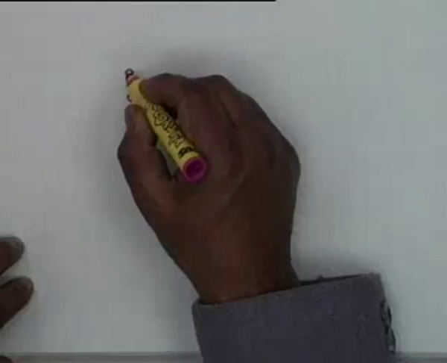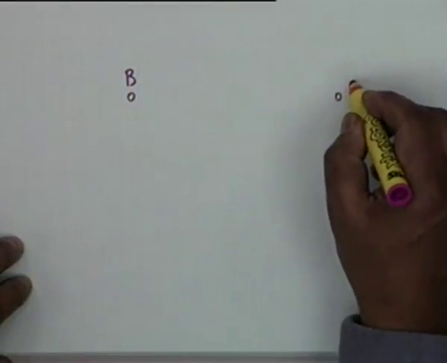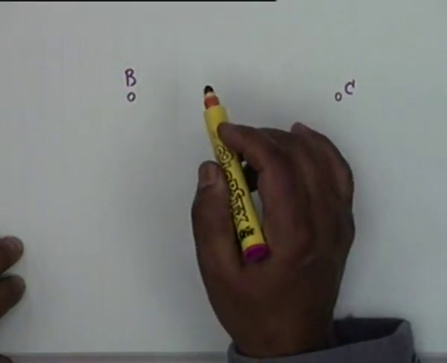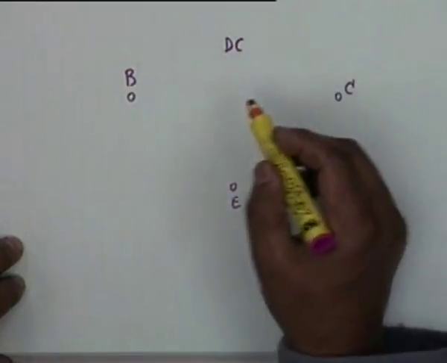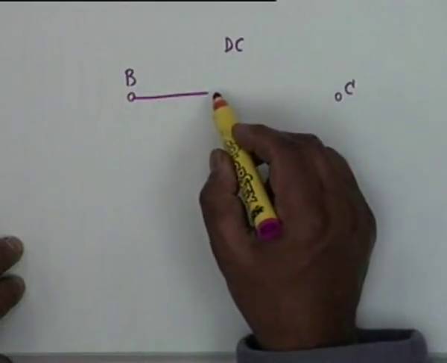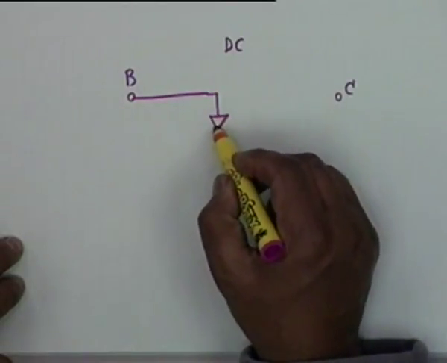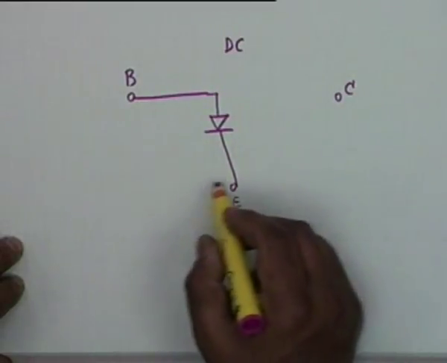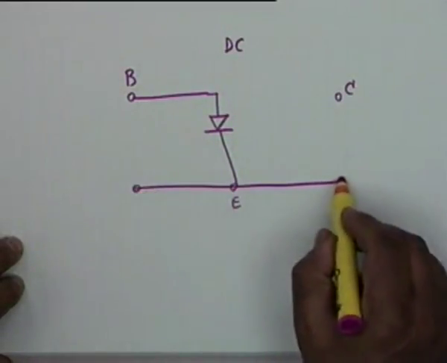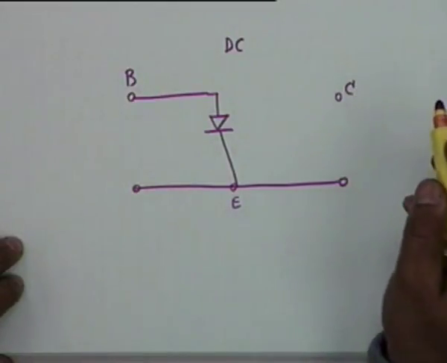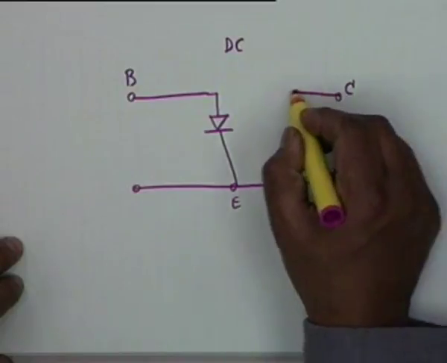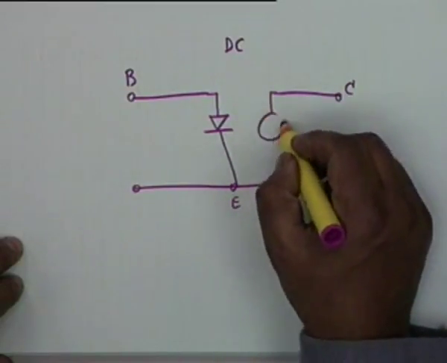We have a base, we have a collector and we have an emitter. Between the base and the emitter, in the DC model, what we have is a diode. And between the collector and the emitter we have a current.